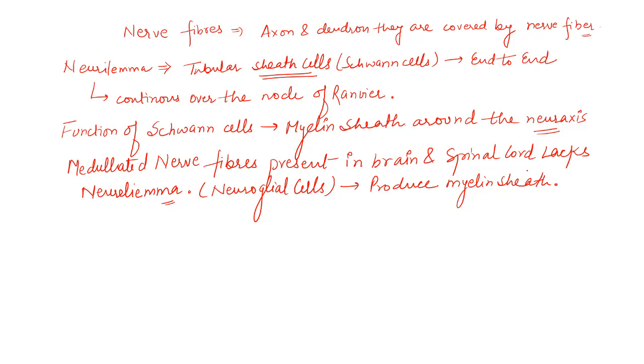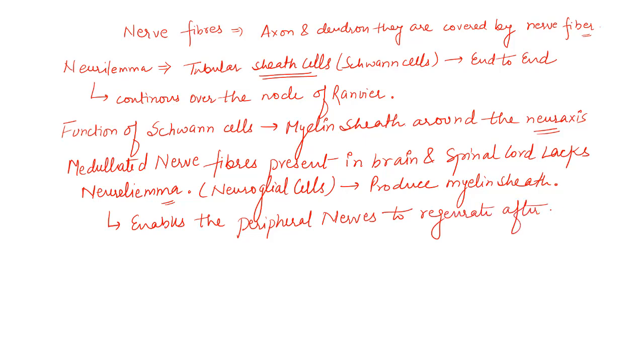Neurolemma present around the peripheral nerve fibers enables them to regenerate after injury, like neurotmesis. The nerve fibers in the brain and spinal cord cannot regenerate after injury due to lack of neurolemma.